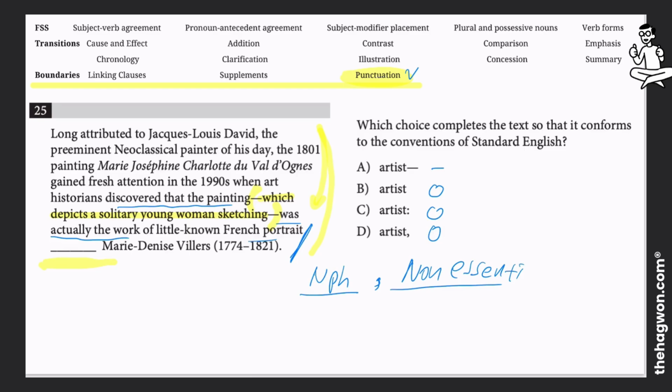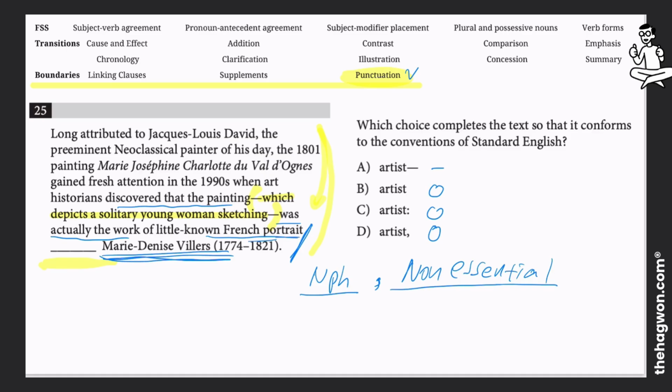This is what I want you to understand from these simple punctuation questions. So when you read French portrait artist Marie-Denise Villers, the name that comes after any given description of the person, you understand that this is very, very essential information.